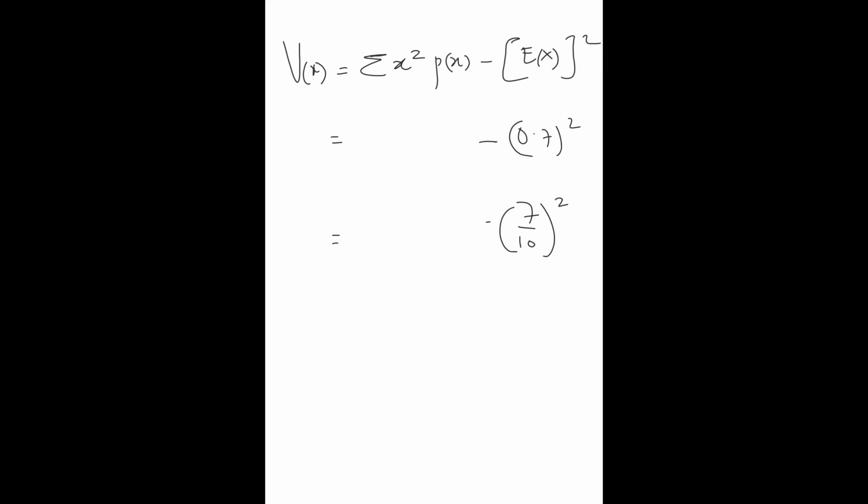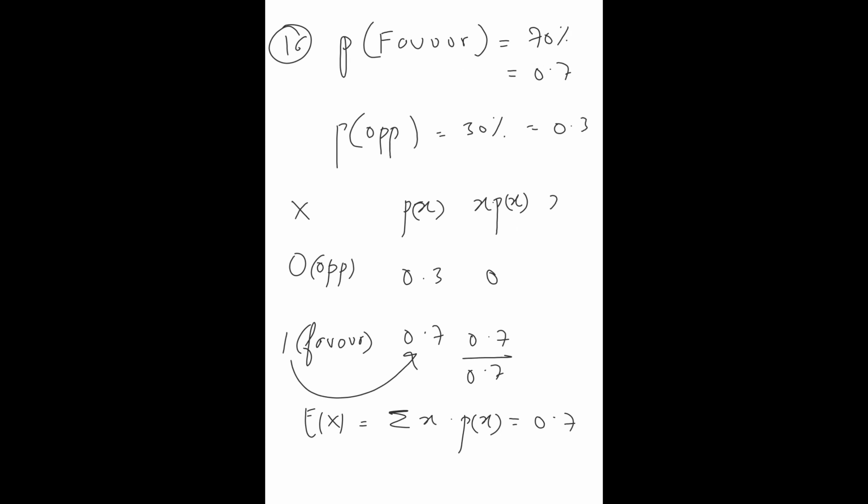Now for X square P of X, we have to prepare this column. Just multiply X with X P of X. 0 into 0 will give you 0, 1 into 0.7 will give you 0.7, and this is 0.7, right?